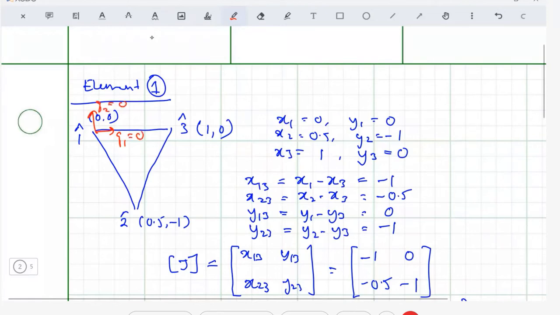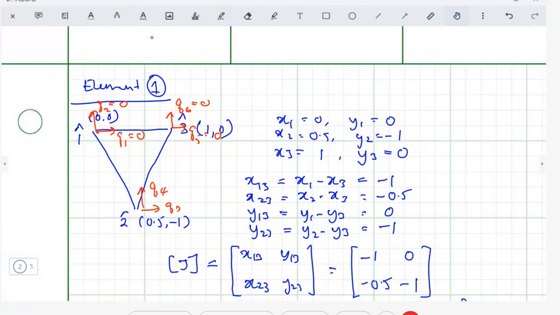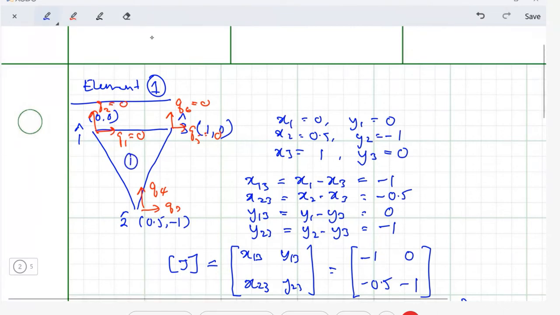Note that again, I'm using small q here. Q5 and Q6 equal to 0. But what we have is only Q3 and Q4. So do you think this is the correct degrees of freedom for element number 1? I hope you can see. This is for element number 1.